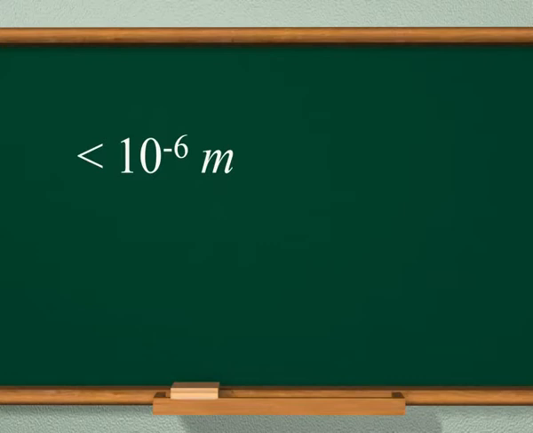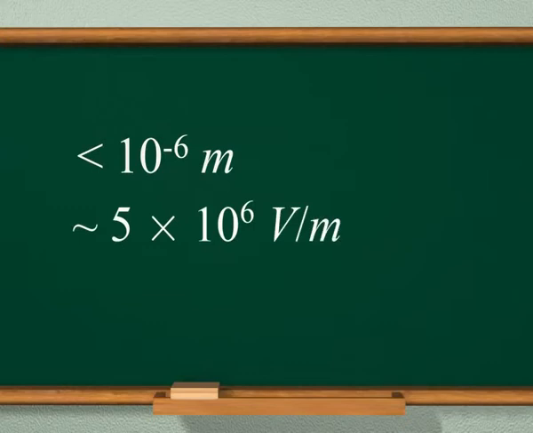The electric field of the junction is extremely high, of the order of 5 into 10 raised to the power 6 volt per meter, even for a small reverse bias voltage of about 5 volts.